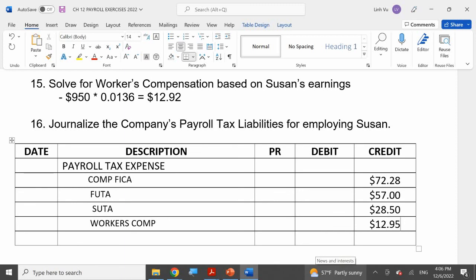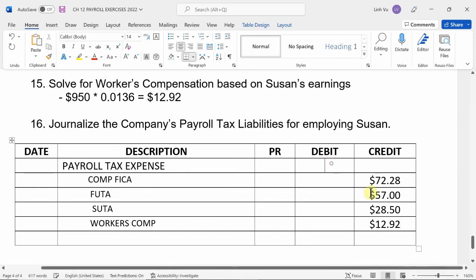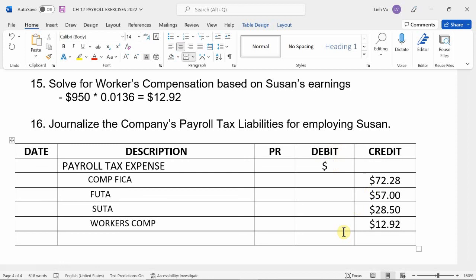So in grand total, how much in taxes does the company need to pay to have Susan as an employee? $170.70.